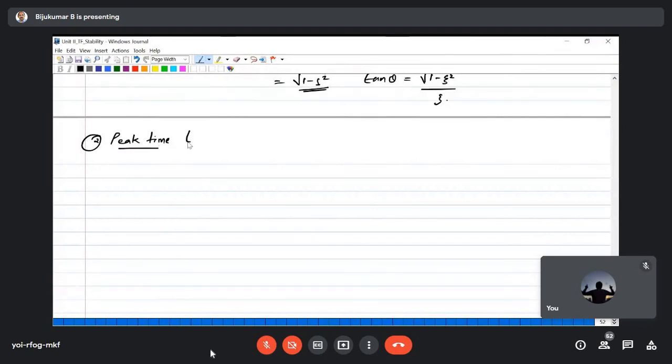Is denoted as T suffix P. So how to define peak time?